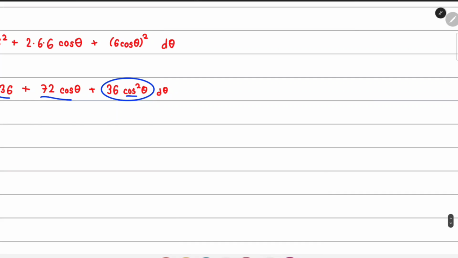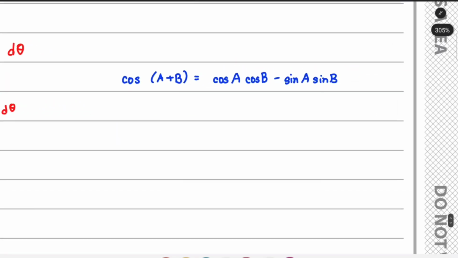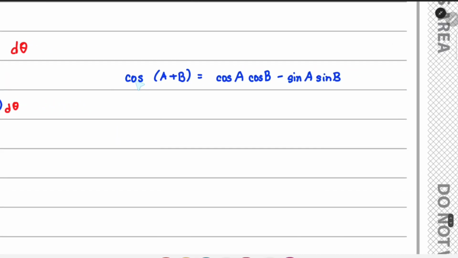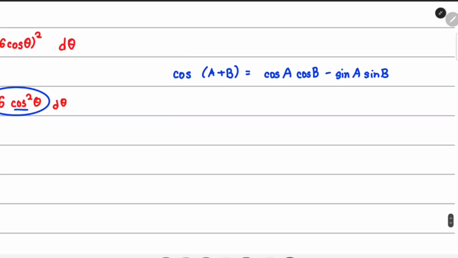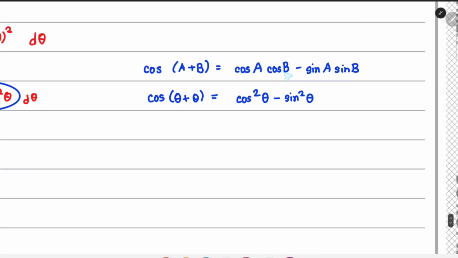Now if you notice, this is the formula for the sum of angles inside a cos. Now if both A and B are theta, in this case cos A times cos B becomes cos theta times cos theta, or cos squared theta.